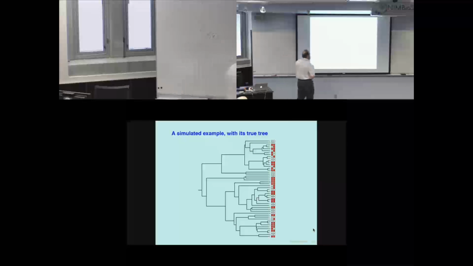Here's a computer simulation of 2 characters evolving. I don't remember all the parameters. There are 50 tips. They're just labeled with letters or letter pairs. And the tree is generated by a pure birth process, just particles splitting at random times. When you get the tree, you then start out some characters at some value.